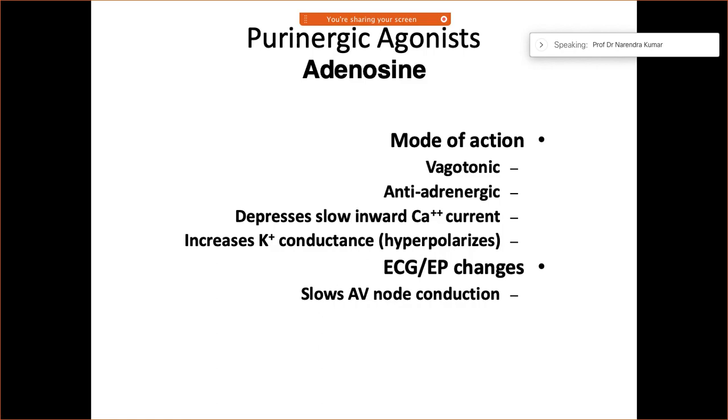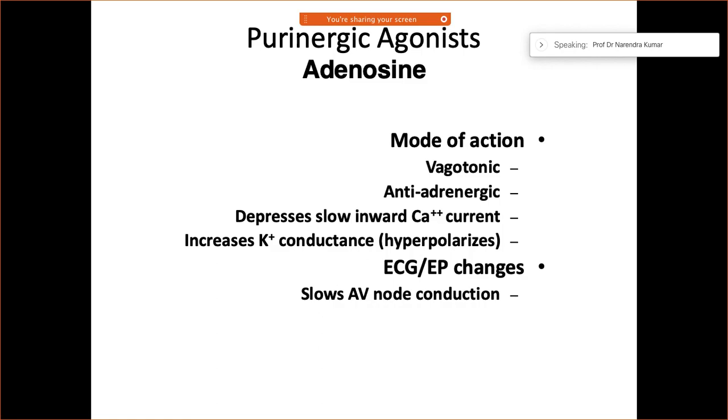Adenosine, we are all aware, is more of a vagotonic and also has anti-adrenergic effects, but it tends to affect the slow inward calcium current and cause hyperpolarization. So on the ECG or even in the EP study, we will be able to see the slowing of AV node conduction.